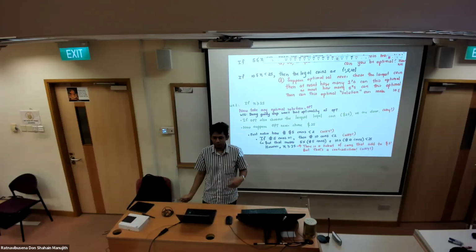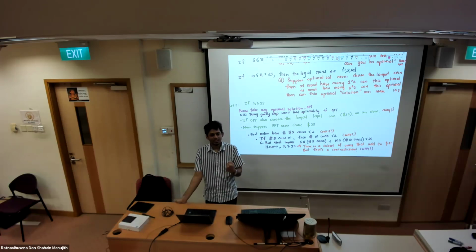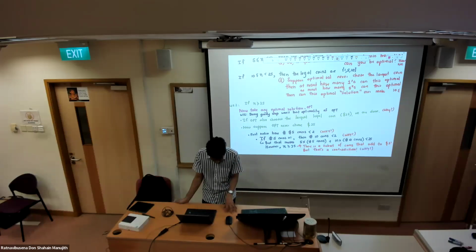So if you use 3 10 coins, is there a way to make 30, because 3 times 10 is 30, using less than 3 coins? The first case is it uses 3 10 coins. The other case is it uses 4 10 coins, because we know that it is either 3 or 4, right?